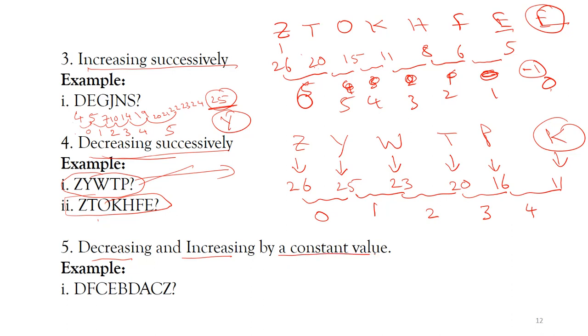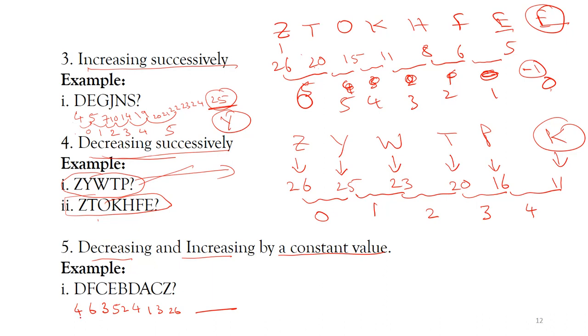decreasing and increasing by a constant value. So let us write down the numbers for this example. So D is 4, F is 6, C is 3, E is 5, B is 2, D is 4, A is 1, C is 3, Z is 26. The next number is what? Okay.